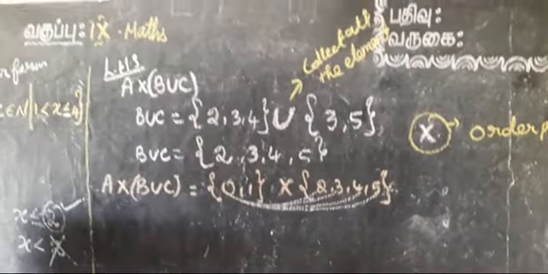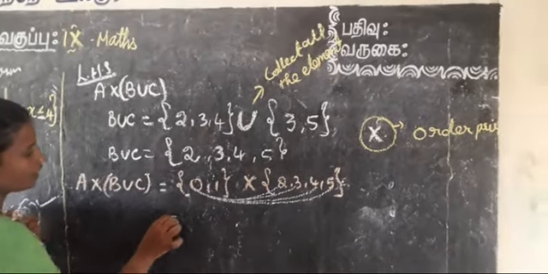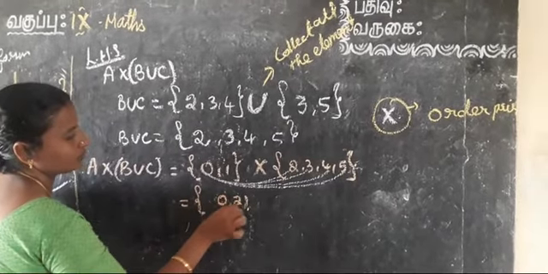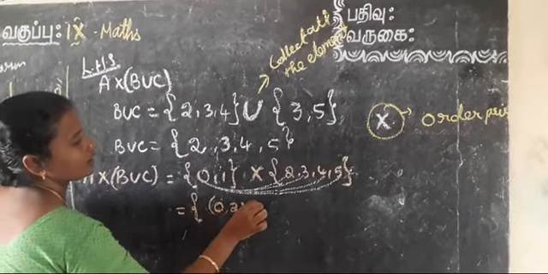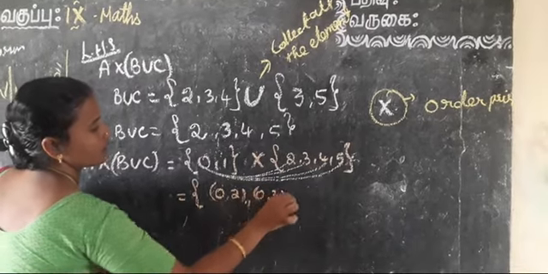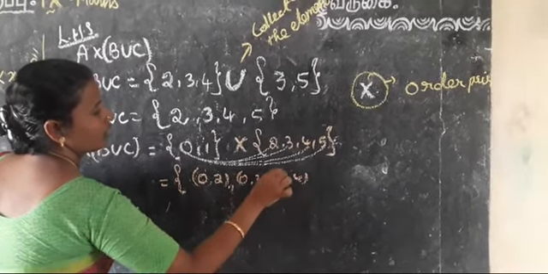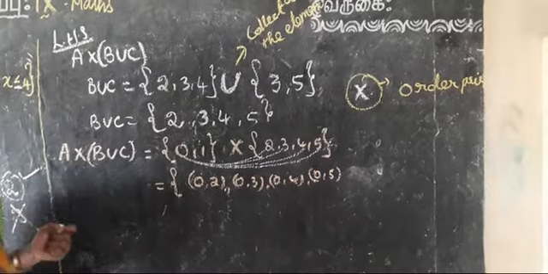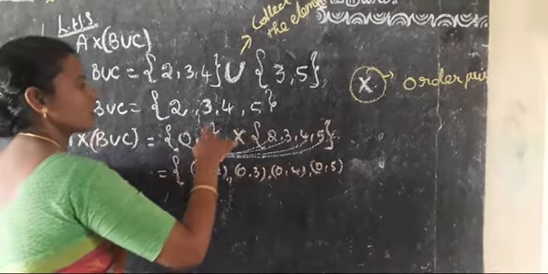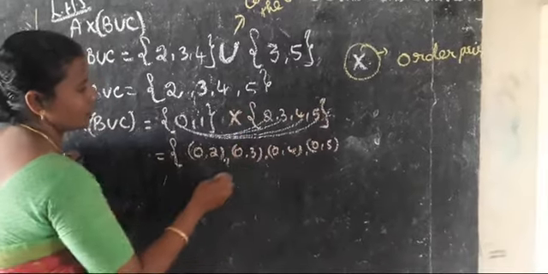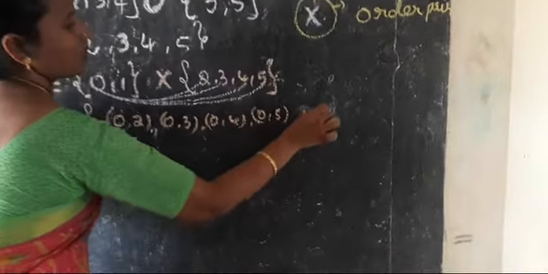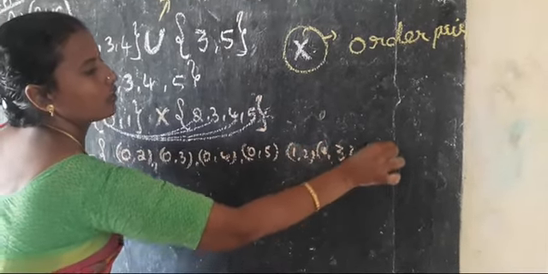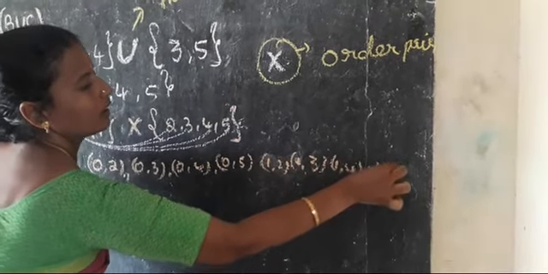This is the ordered pair. And then likewise 1, 2, 1, 3, 1, 4 and then 1, 5.